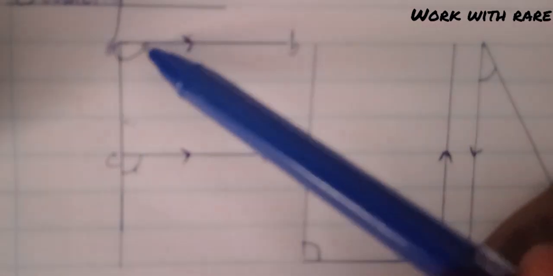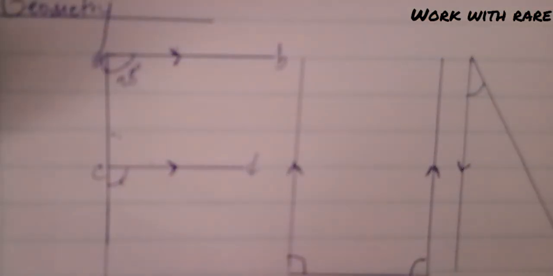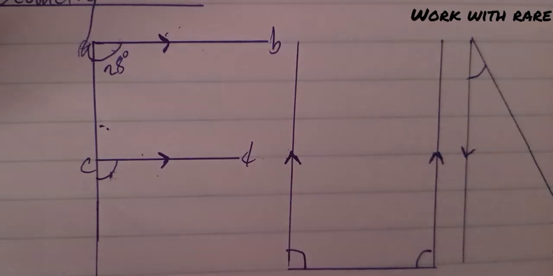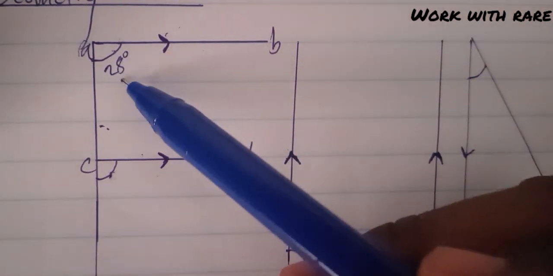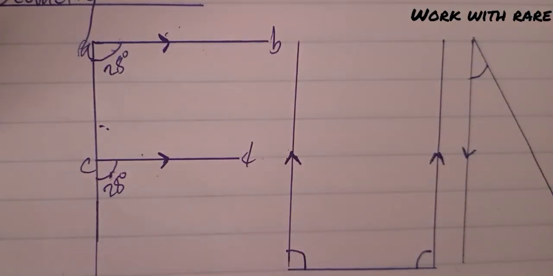This angle and this angle will be equal. So let's say this angle is 28 degrees. So if here we have 28 degrees, then here it is also 28 degrees.